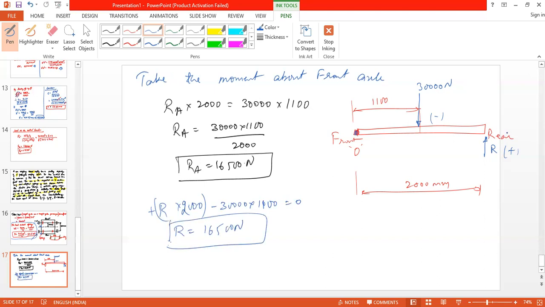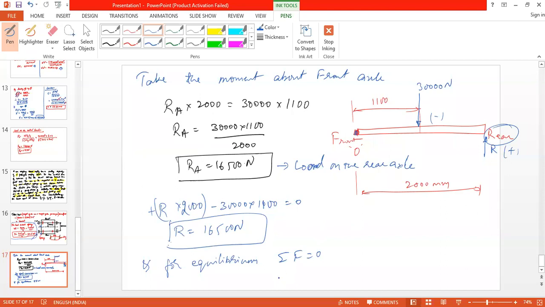But this is the reaction from the rear, so this is the load on the rear axle. For equilibrium, the sum of all the forces should be equal to 0.